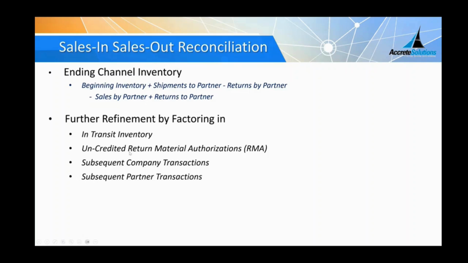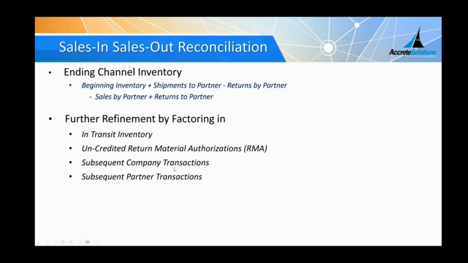Also take into account all the uncredited RMAs. So these won't show up as returns yet until they're credited. That's why it says uncredited. And then you have to look at what I call the subsequent transactions.